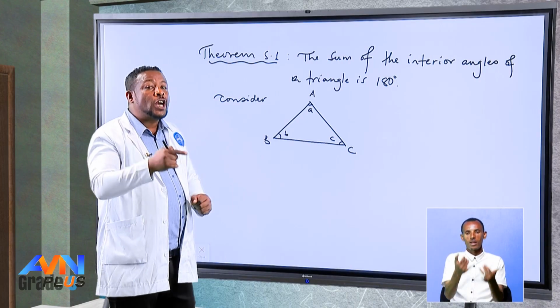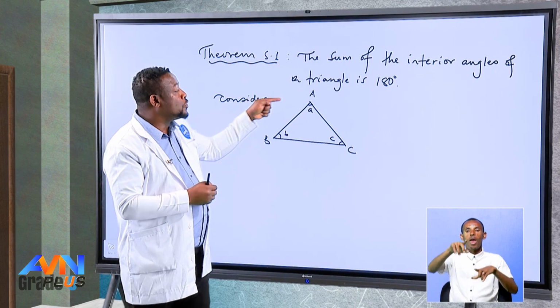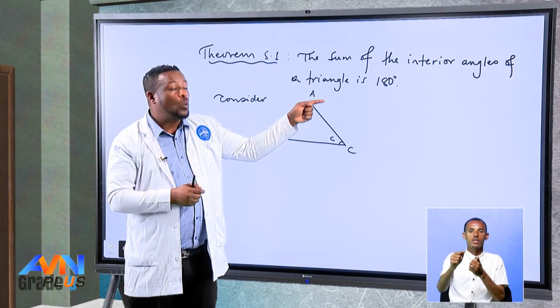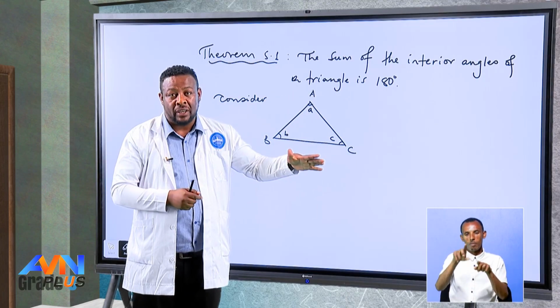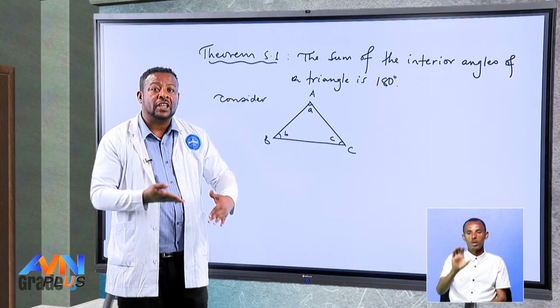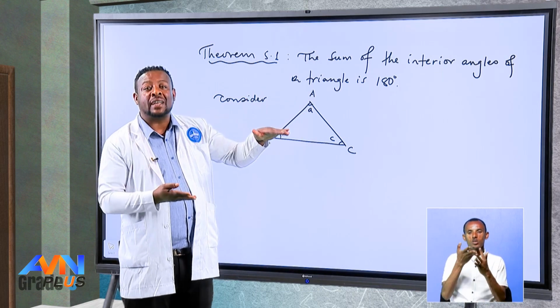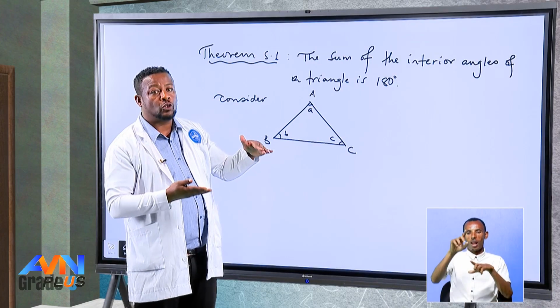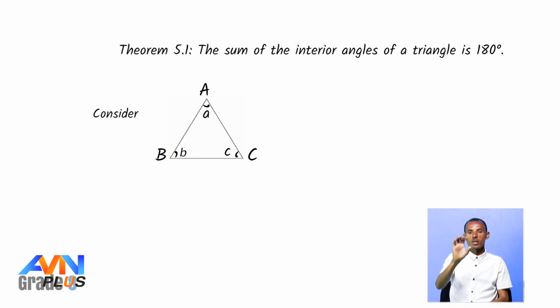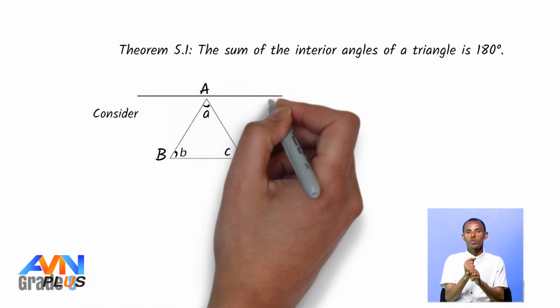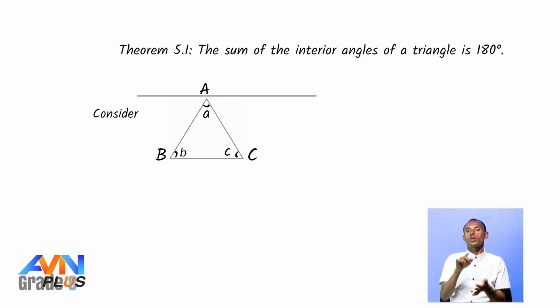Now construct a line passing through the vertex A which is parallel to BC. We need to construct a line passing through A in such a way that it is parallel to BC. Say this is line L1, which is parallel to BC.